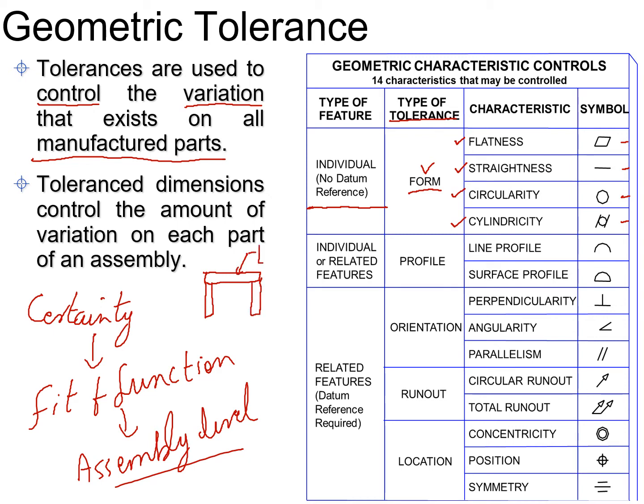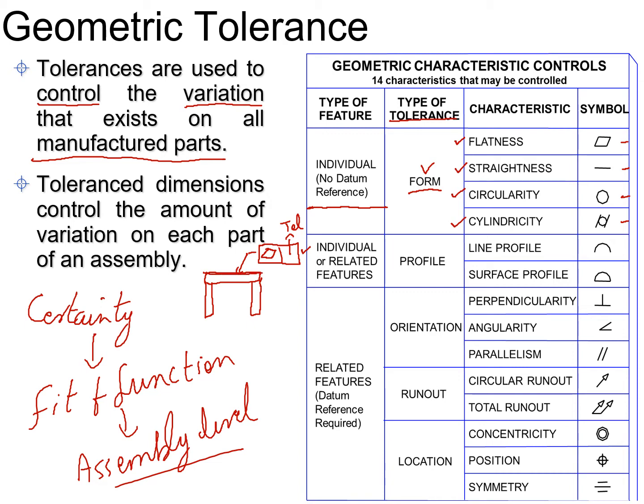We used these two boxes. In one box we put the flatness symbol, and in the other we specified the tolerance. So we didn't specify with respect to which reference plane this table should be flat or whatever, but we just simply specified the flatness on the surface of the table.